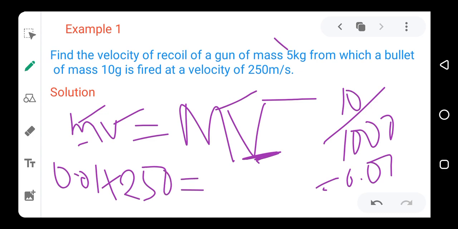The mass of the gun is 5 kilogram. So 5 times capital V.